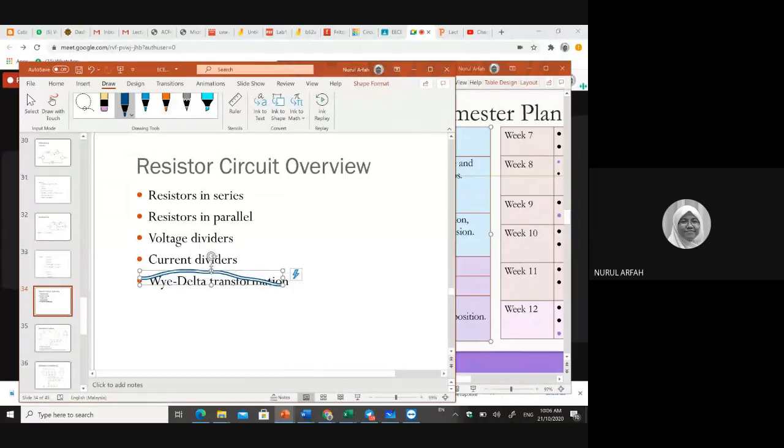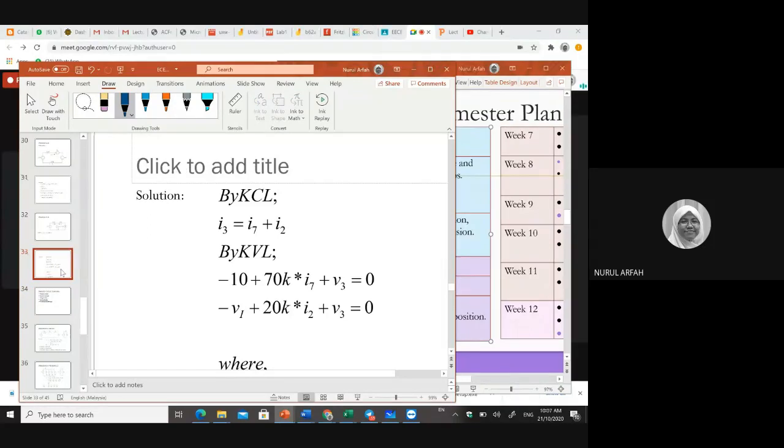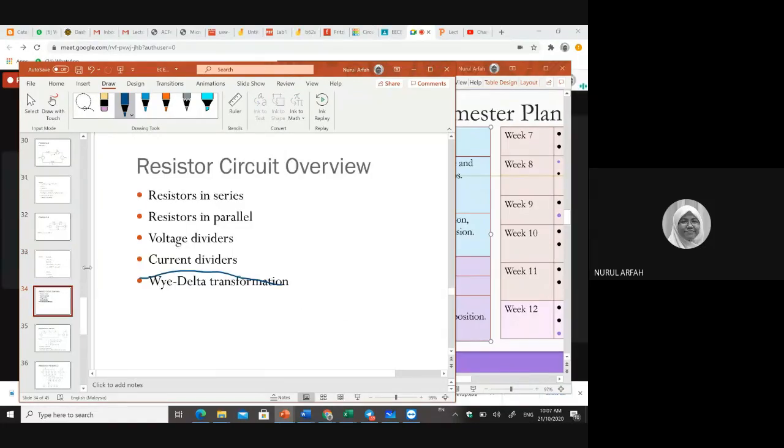But my concern is in your future lab, lab number 1, you're going to reapply the knowledge of Y delta and delta Y. So if we exclude Y delta, then you're not going to learn it, and then you're going to apply it in lab number 1. You just remind your teacher later that you skipped Y delta transformation, so she or he will teach you in the lab.